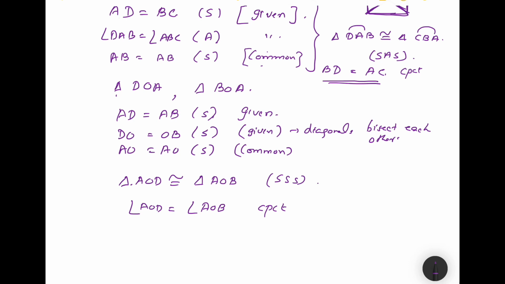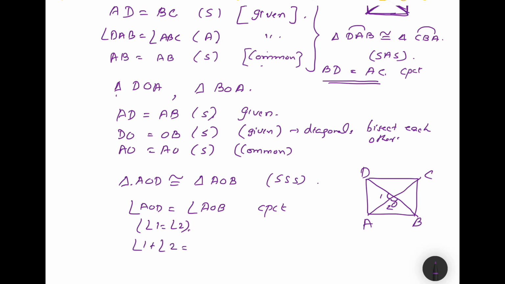Let me draw the figure again so that I do not have to keep on scrolling. We had marked A, B, C, D, O. So, now you got angle AOD and angle AOB are equal, that is, angle 1 equal to angle 2. We know angle 1 plus angle 2 is equal to 180, linear pair.